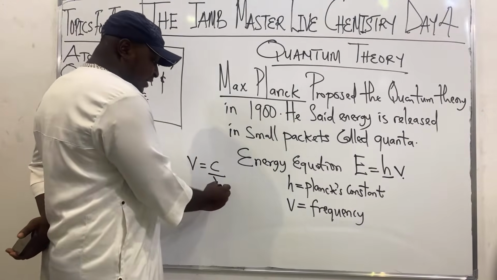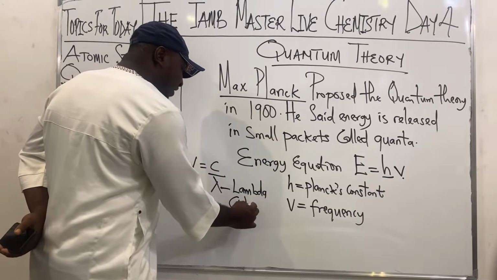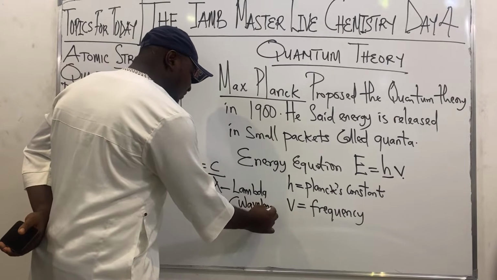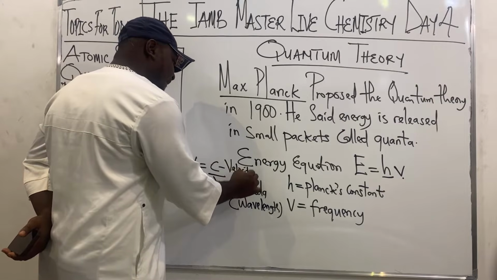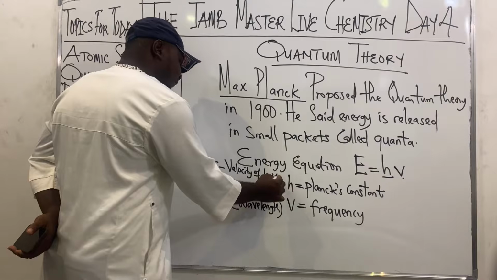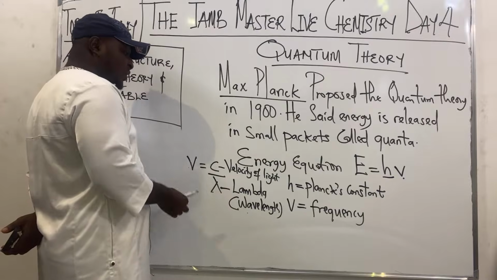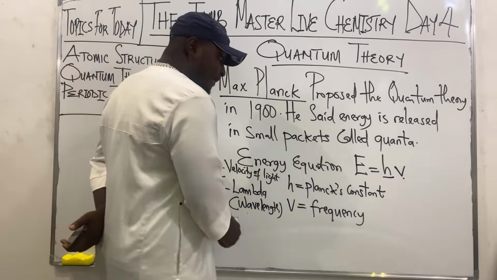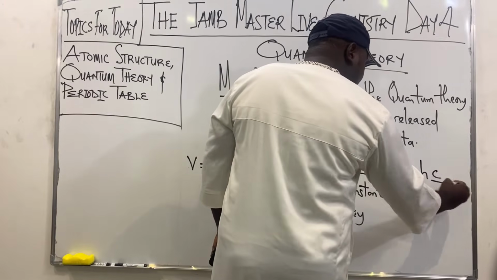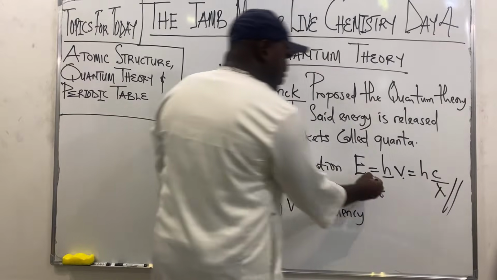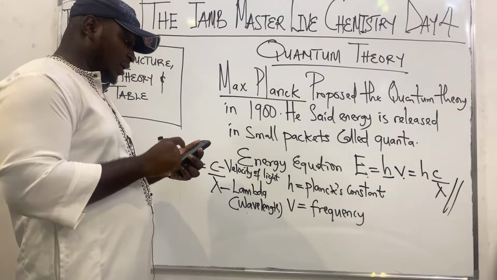Lambda stands for wavelength, and c represents the velocity of light. So frequency is velocity of light divided by wavelength. So the energy stored in an atom is hc all over lambda.